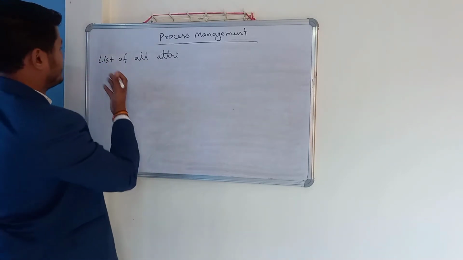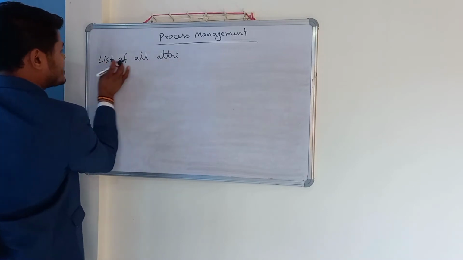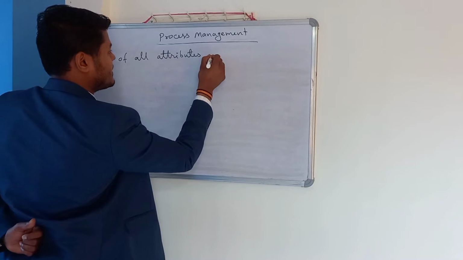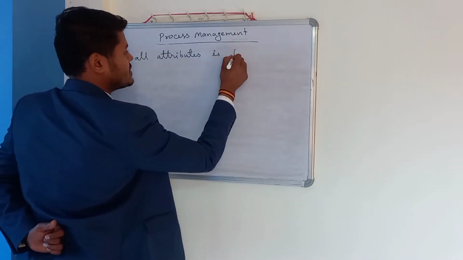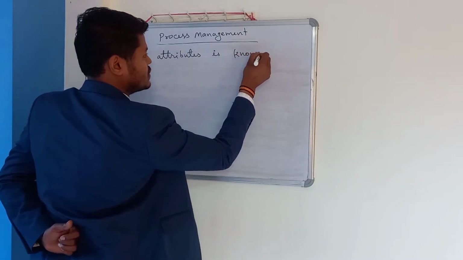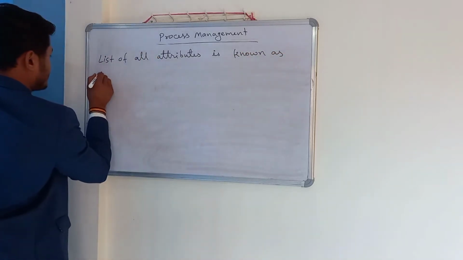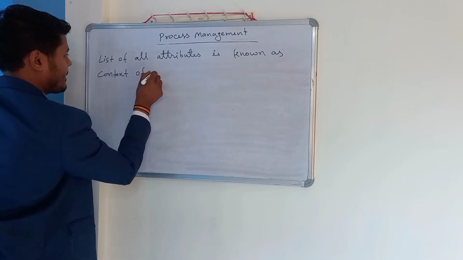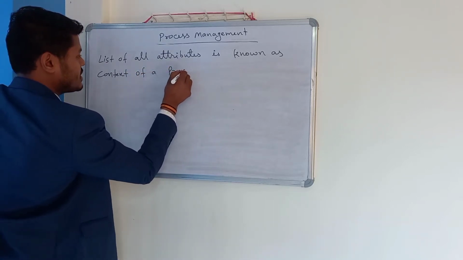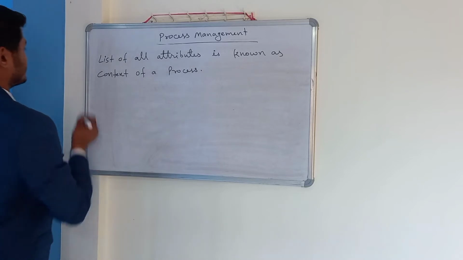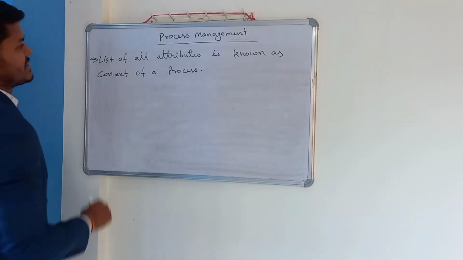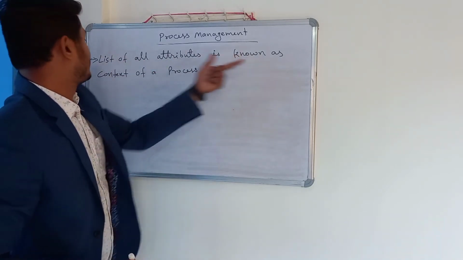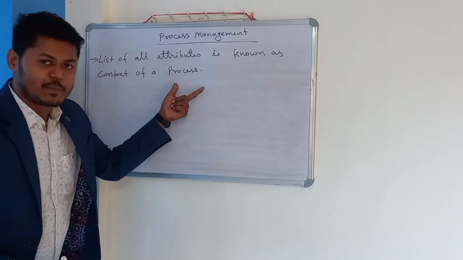So the list of all attributes is known as the context of a process. This is the first point for this particular discussion.